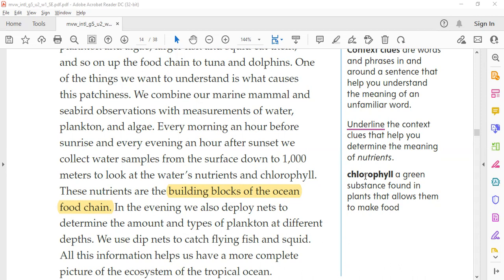To make food, very good. So now we studied 4 of the 5 vocabulary that we're supposed to study, and we will revise them by the end of the next session, inshallah. So chlorophyll, it's a green substance found in plants that allows them to make food.